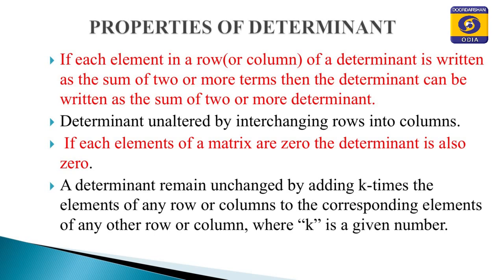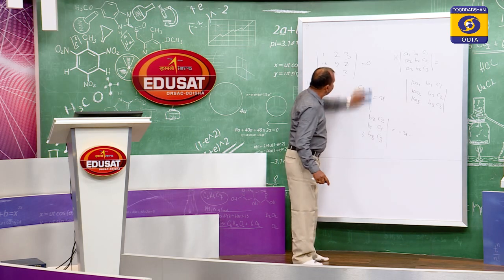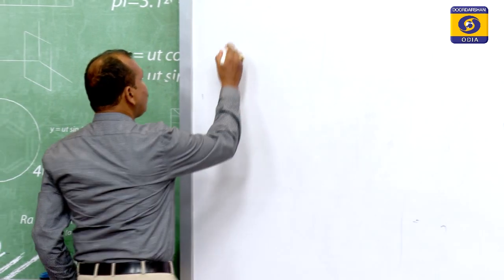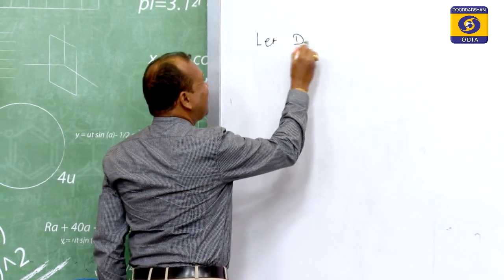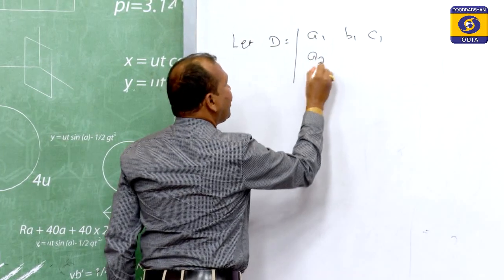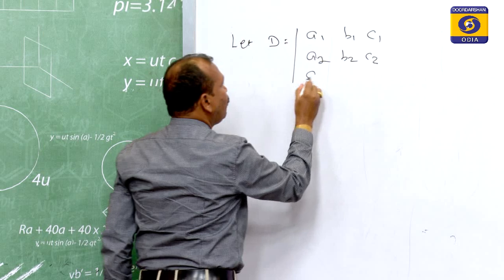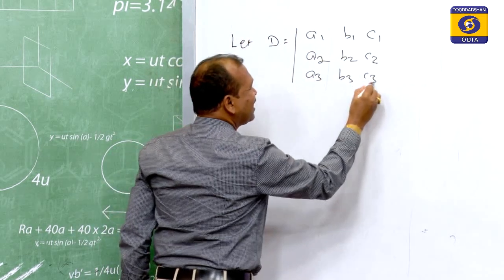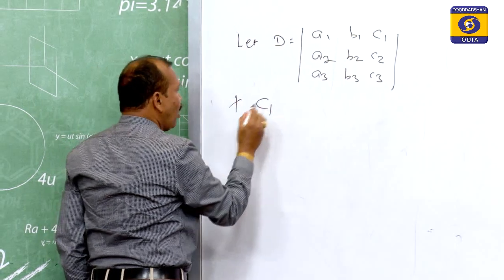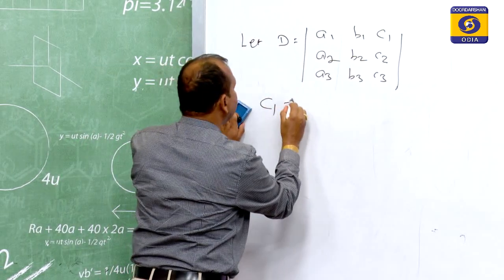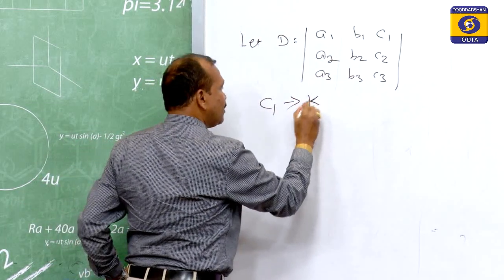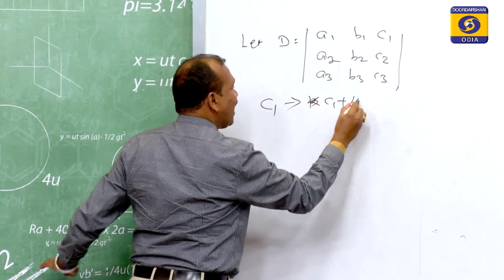Let me give an example. Let D be the determinant A1, B1, C1, A2, B2, C2, A3, B3, C3. Suppose column 1 changes to column 1 plus k times column 3.